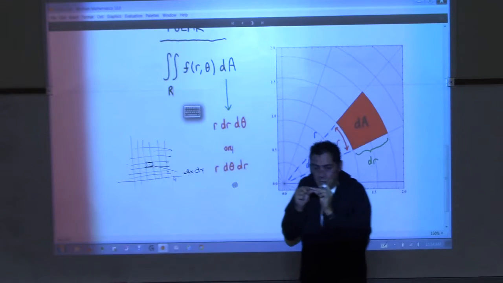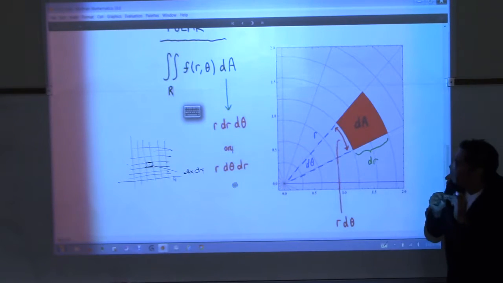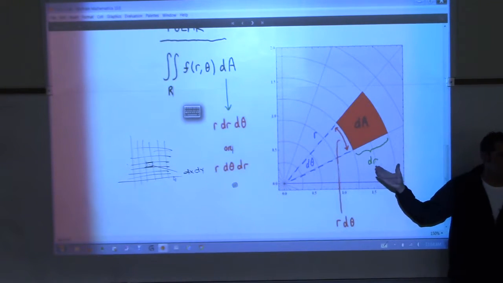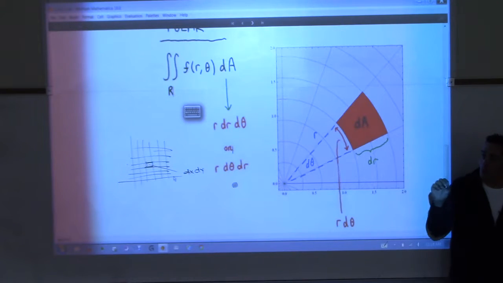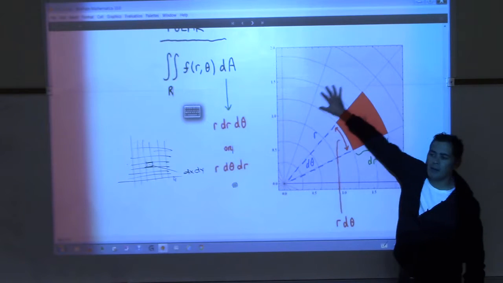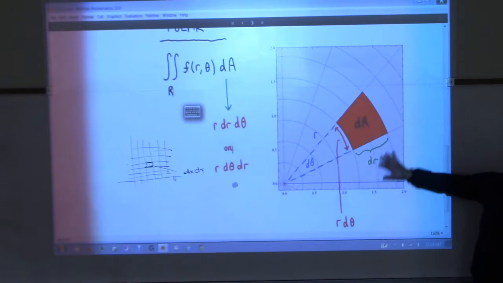The little infinitesimal square, or rectangle. Well, when you cut up the two-dimensional plane into polar rectangles, you get a grid pattern that looks more like this. Do you see where this pattern comes from in the image I showed you earlier?